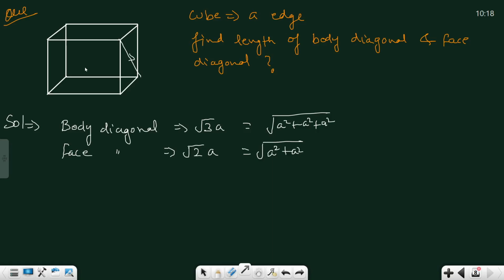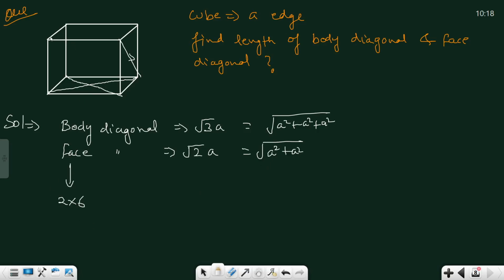Clear? Okay, sir. Could you repeat body diagonal and face diagonal? Beta, the diagonal you get on a face, this one, suppose for a face you have these two diagonals, and like this you will have 6 faces. So in each face you have 2 diagonals, so the number of face diagonals will be 2 into 6.